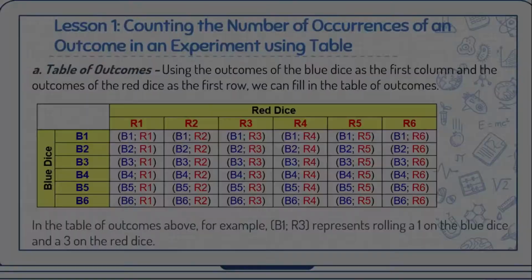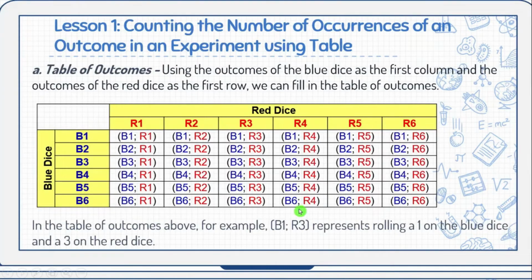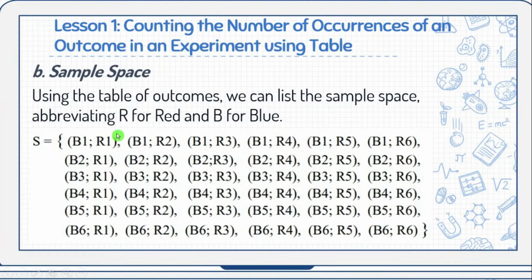For our letter B, sample space. So, using the table of outcomes, we can list the sample space abbreviating R for red and B for blue. Diba? Okay, balik tayo dito sa table. Diba? Yung B is blue, yung R is red. Okay, so sample space. So, ang ating gagawin ay lahat ng mga possible outcomes, sila po yung ating sample space.